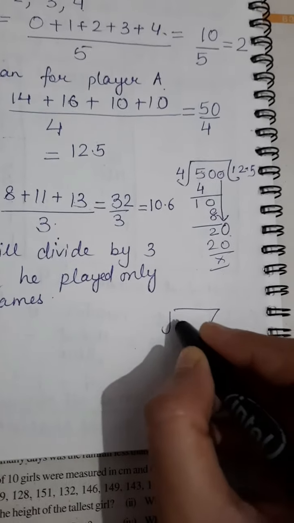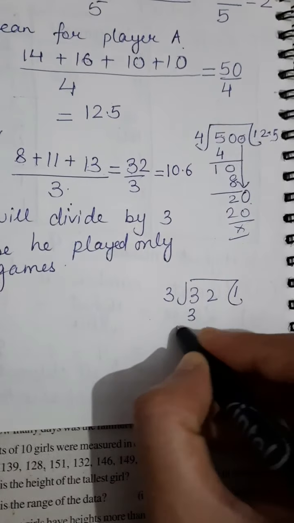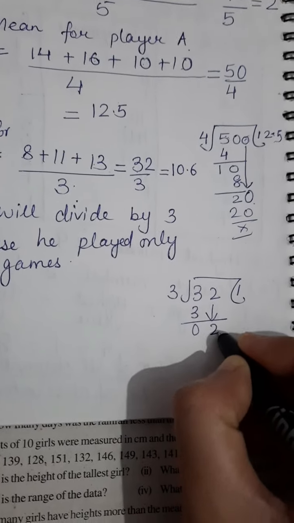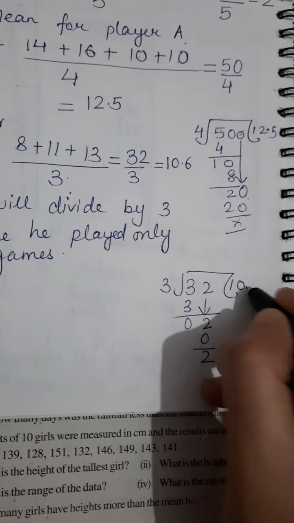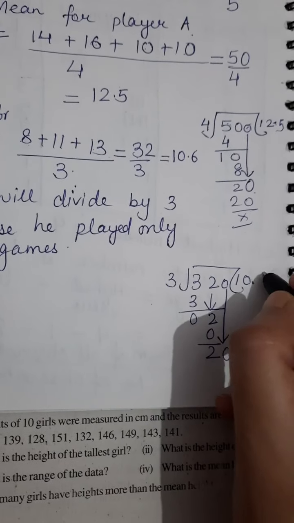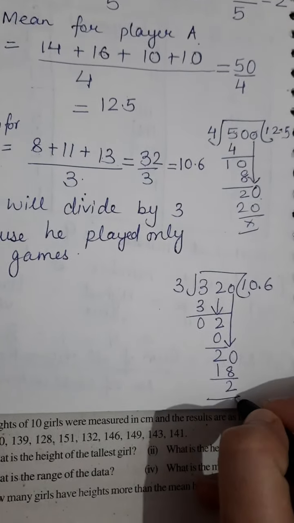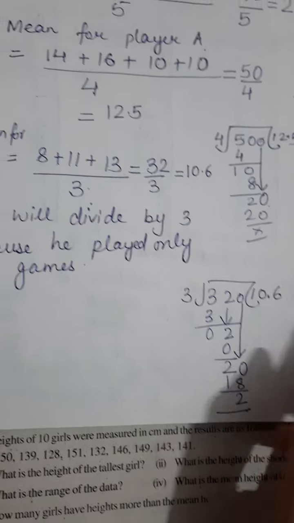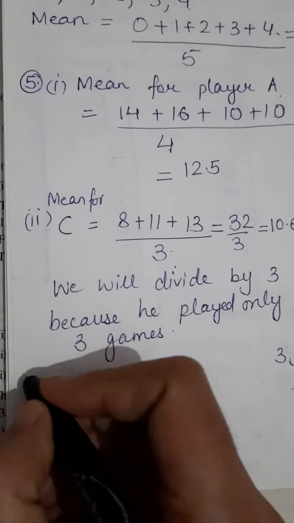We can divide 32 by 3 on the left side. 3 ones are 3. 2 will come down. 2 doesn't come in the table of 3, so 3 zeros are 0. Now I can put a point and take 0 down. So 3 sixes are 18. Again the remainder is 2. We can just find up to 1 decimal place. So the approximate answer is 10.6.